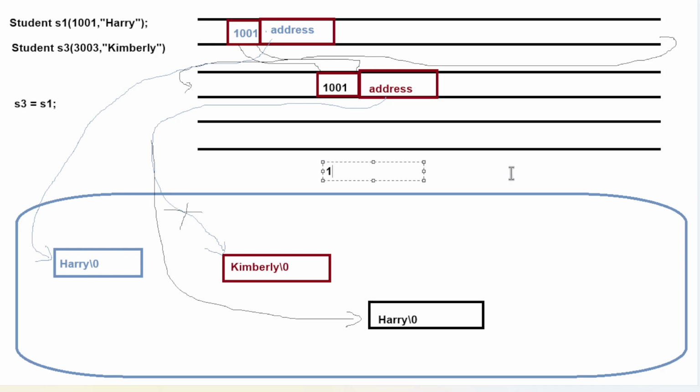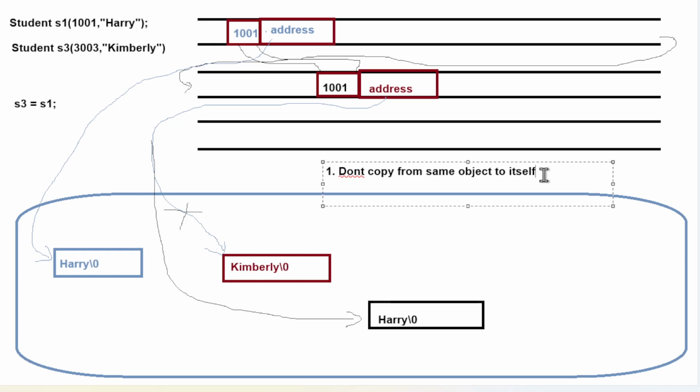One, you don't want to copy from the same object itself. For example, if you do S1 equals S1 or S3 equals S3, that is copying to the same object. You don't want to do that.